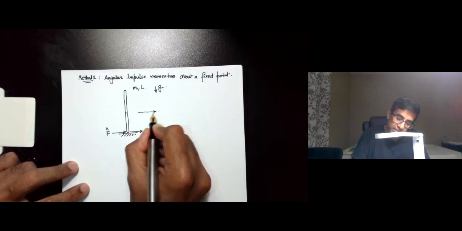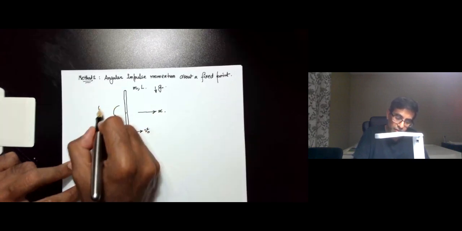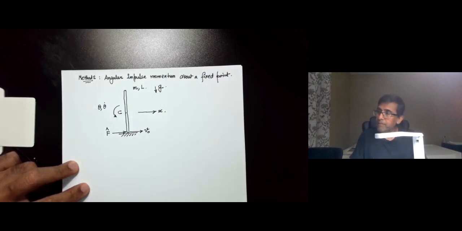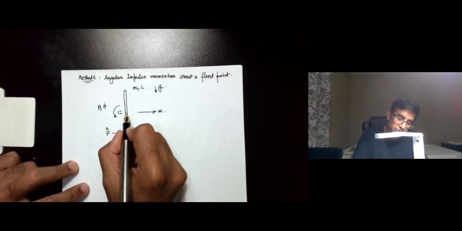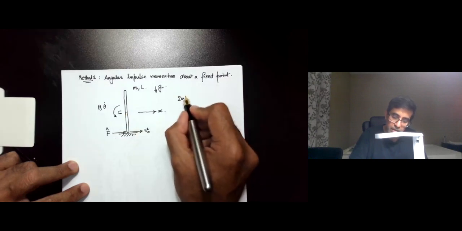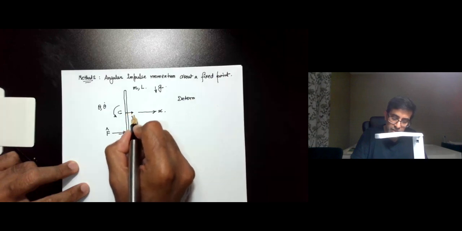Let's say this is our x direction, and let's say this is the direction of angular displacement. This is the center of mass, which is at the geometric center, and the velocity in this direction is Vc.